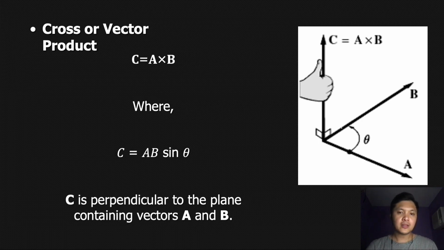Note that C is perpendicular to both A and B. Here we multiply vector A with the component of B that is perpendicular with A, which gives us an answer that is also perpendicular with the two vectors, or the plane containing the A and B vectors.